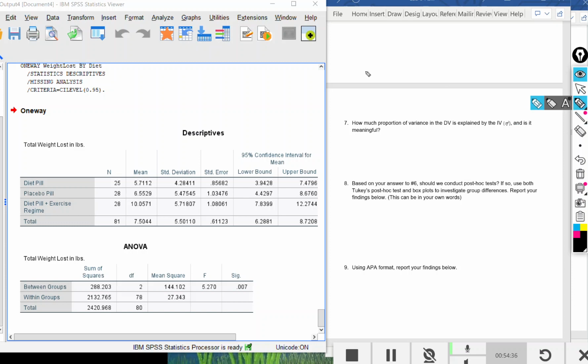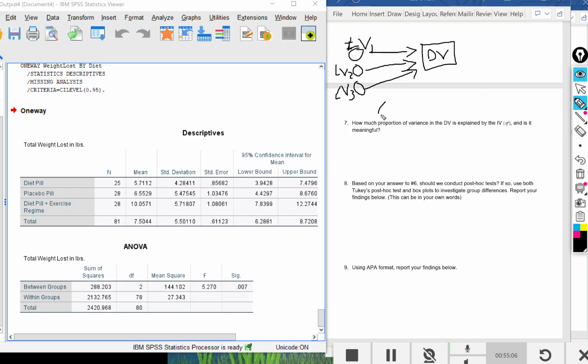If I was to show you this scenario where we have these three groups, level 1, level 2, and level 3, and then we have one DV here, really what we have is just one IV influencing one DV.